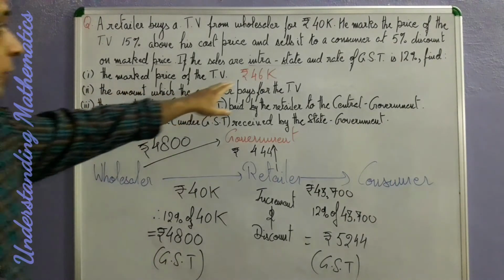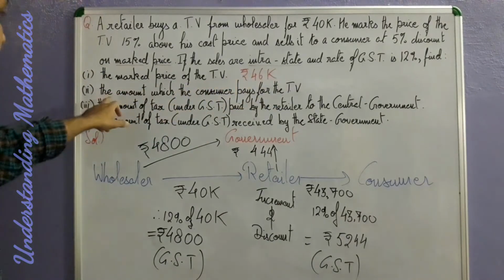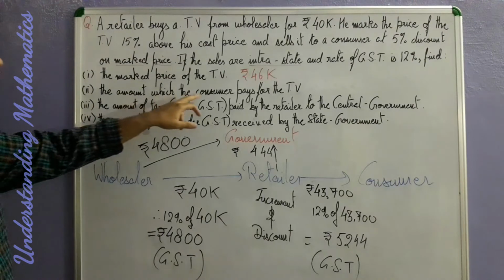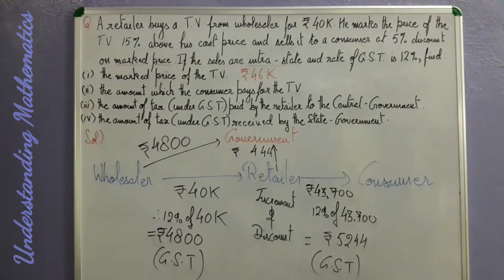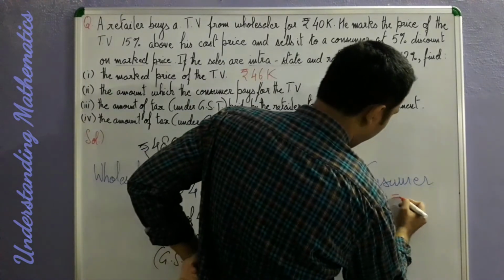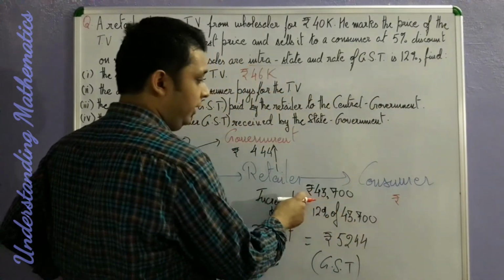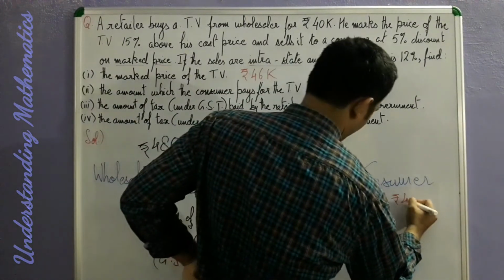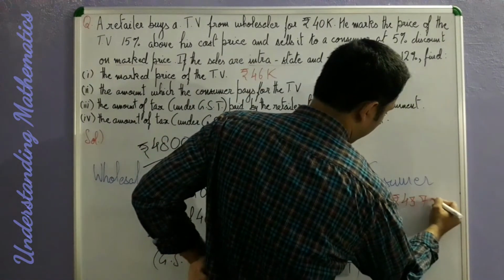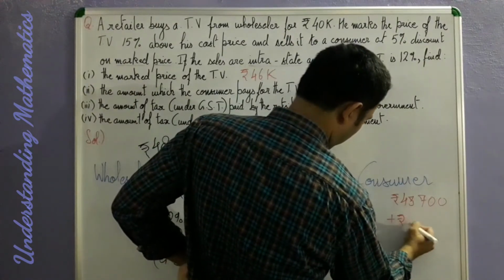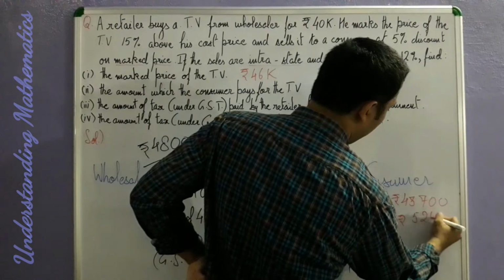We have already done the first part of the question. So now let us see what the second part of the question says. The amount which the consumer pays for the TV. So it is very simple. We just simply calculate the amount paid by the consumer for the TV plus the GST. So this is 43700 plus rupees 5244.